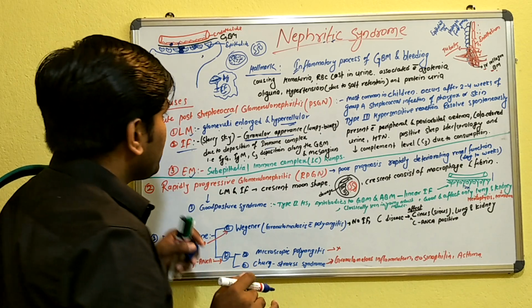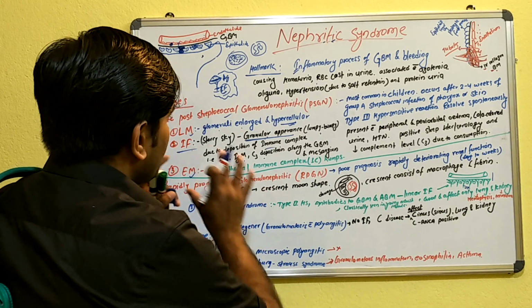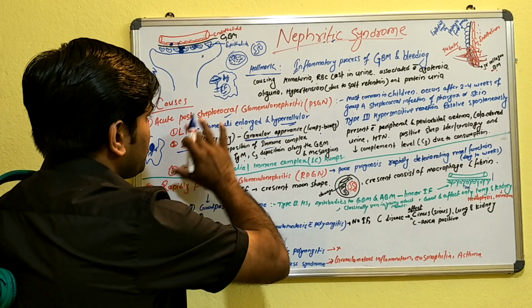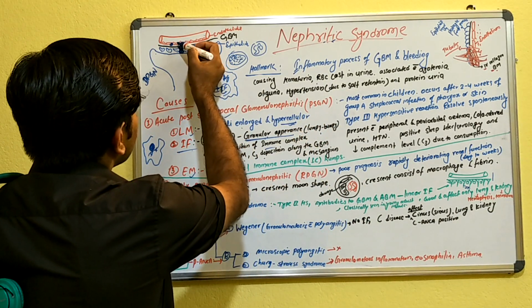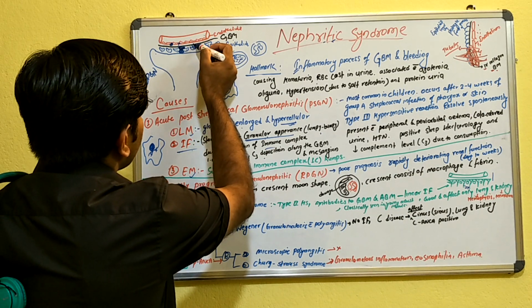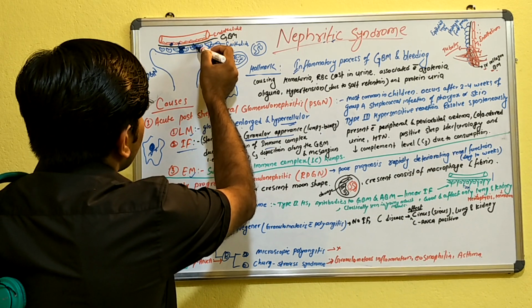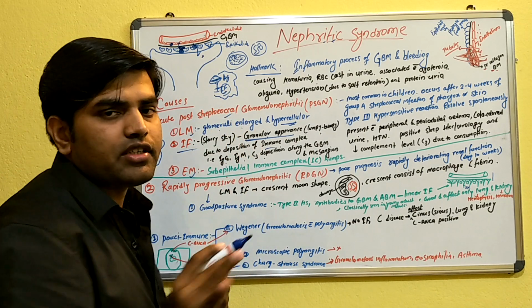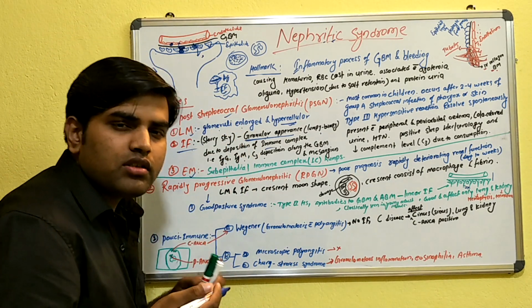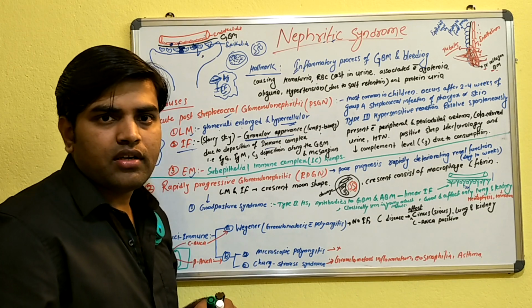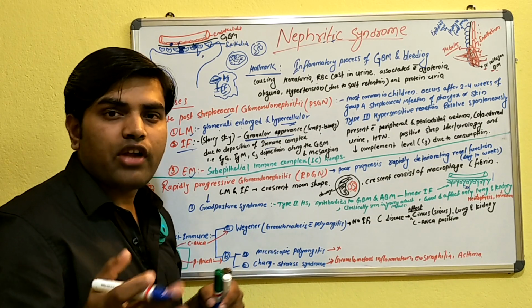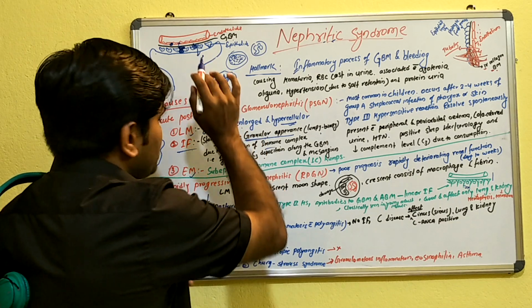Okay, so we will come back to that. We are talking about acute post-streptococcal glomerulonephritis. Look, the deposition was here, it moved out towards here, then it comes into the hair, and finally it goes into the Bowman's space and disappears. So the treatment is nothing, just observe and manage the symptoms. 90 to 95% of cases will resolve spontaneously.